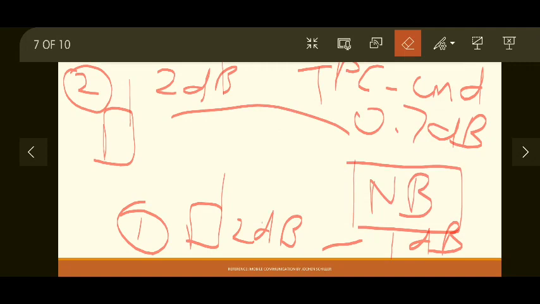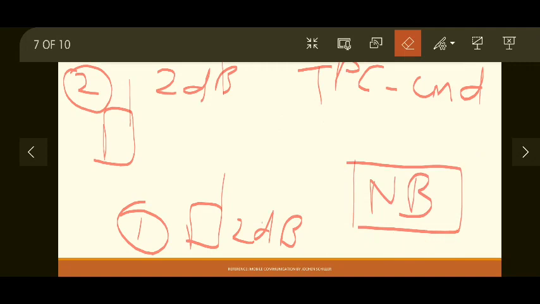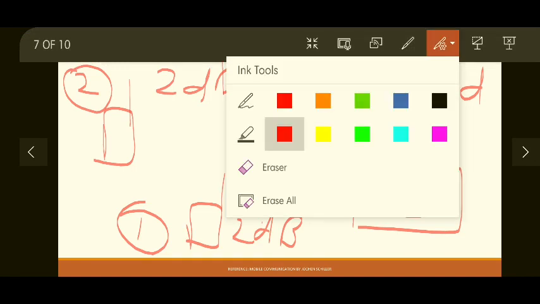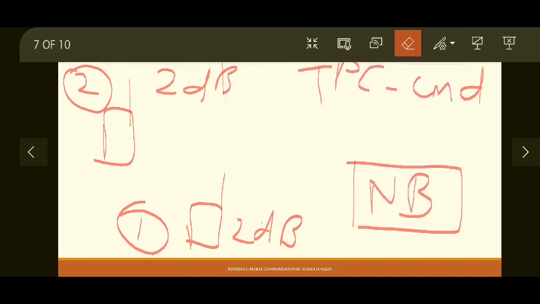Let's see that. Since the second signal is always going to be received at a lower signal strength, node B will indicate to the second user to increase its transmission power, and that is indicated by transmitting 1 to the second user.